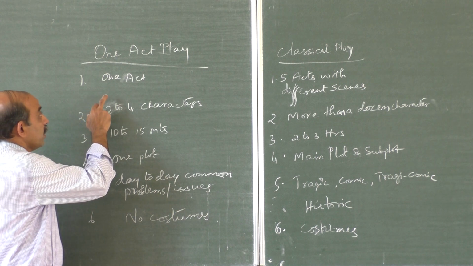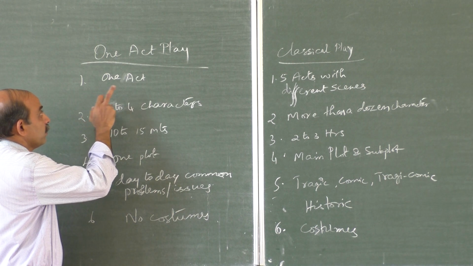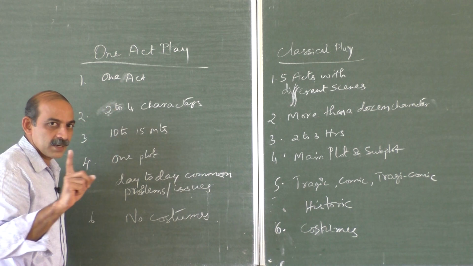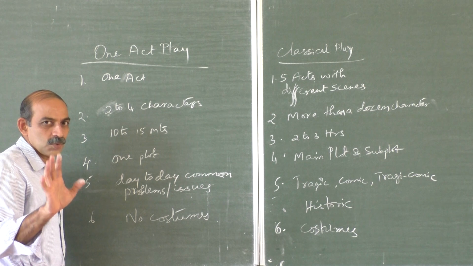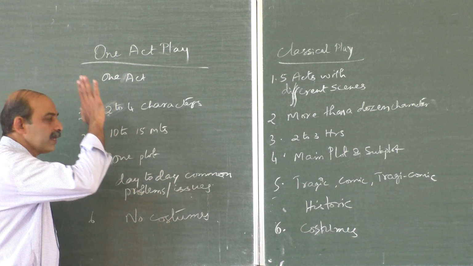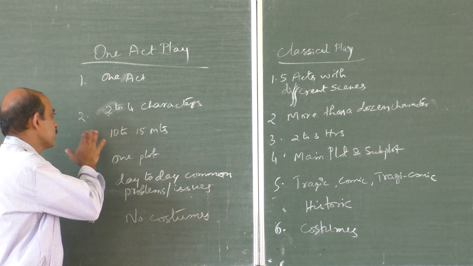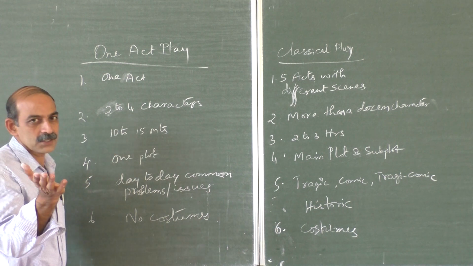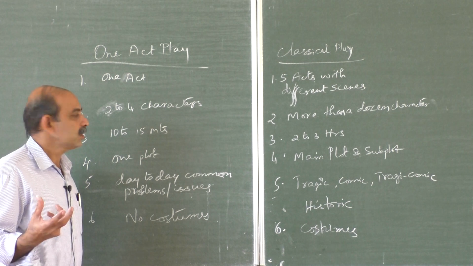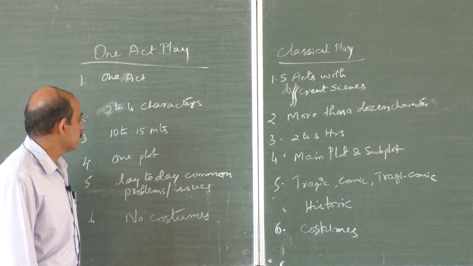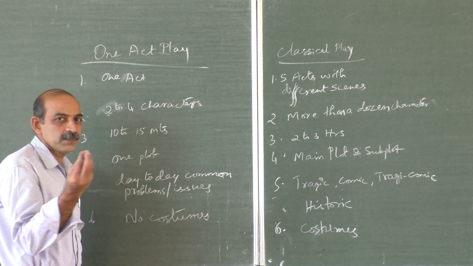Now, as the title says, a one act play has only one act. Scenes, sometimes 2 scenes, but usually 1 scene, but 1 act it is certainly, no doubt about it. Characters, 2 to 4 characters, not many. And if you want to enact it on the stage, 10 to 15 minutes maximum.